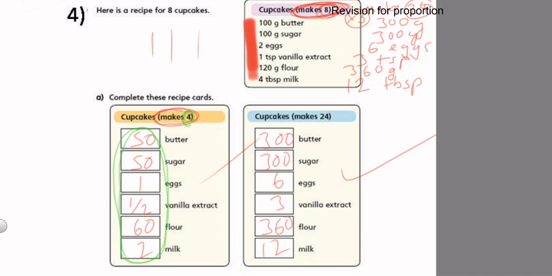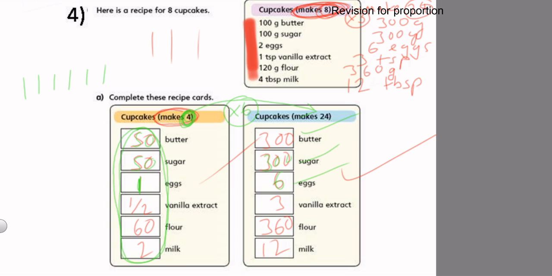Here you're making 4. I've highlighted here 4. 4 times something to give me 24. 4, 8, 12, 16, 20, 24. That's 6 times by 6. So what you then do is, see the 50 there, times the 6 gives you 300. 1 times 6 gives you 6.